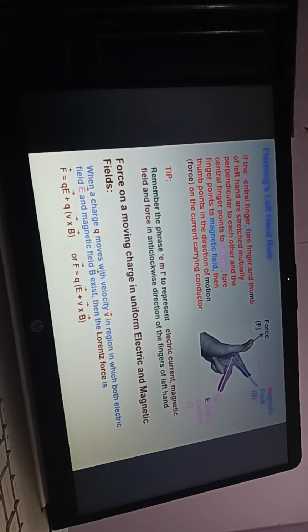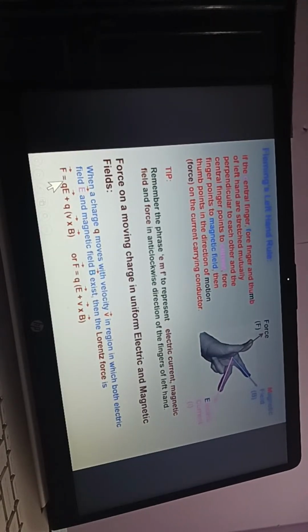Correct. When the charge is moving in uniform electric and magnetic field, this is a very important question going to come. When these two forces are equal and opposite, net force will become zero. Then with this, Q will get cancelled. V is equal to E by B will come.